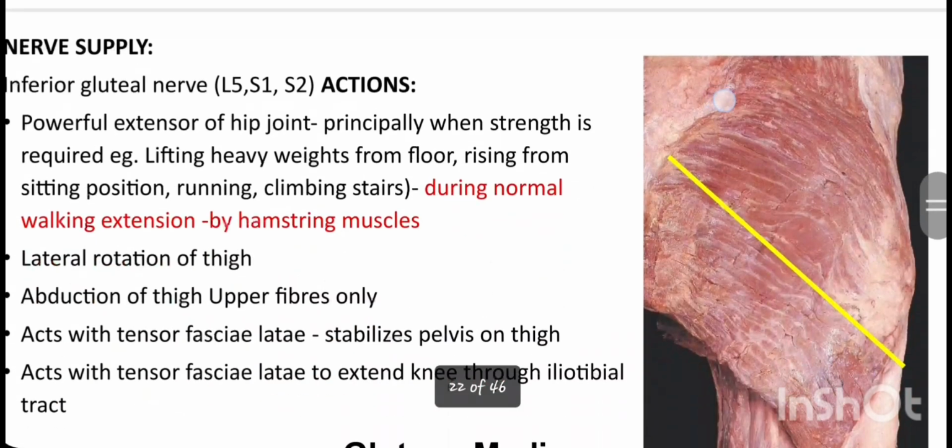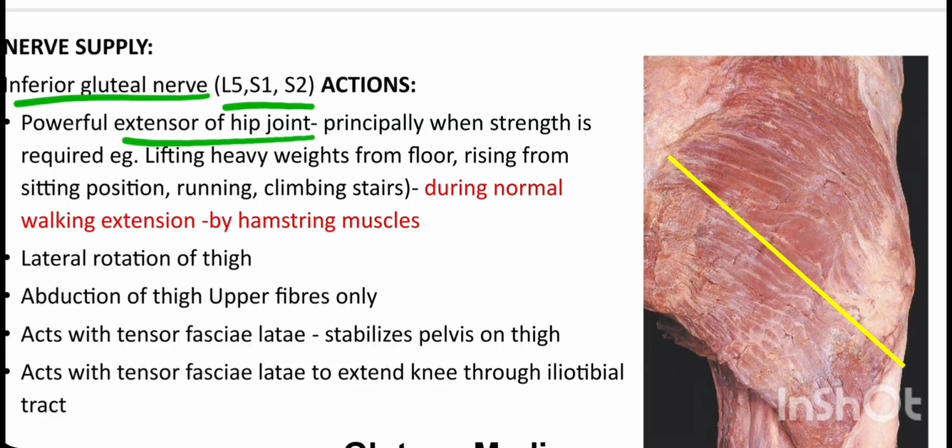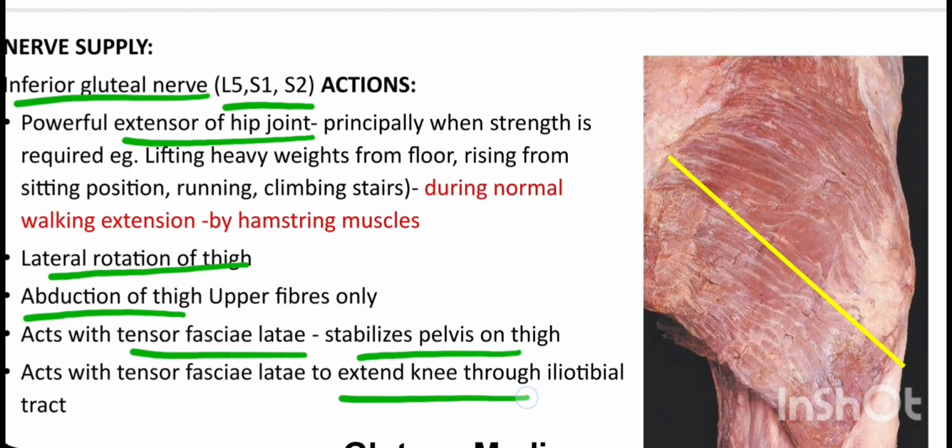Coming to the nerve supply, it is supplied by the inferior gluteal nerve, which arises from L5, S1 and S2. Coming to the actions, it is the powerful extensor of the hip joint, which is its main function, and it causes lateral rotation of the thigh. It also abducts the thigh, acts with the tensor fascia lata, stabilizes the pelvis and extends the knee.